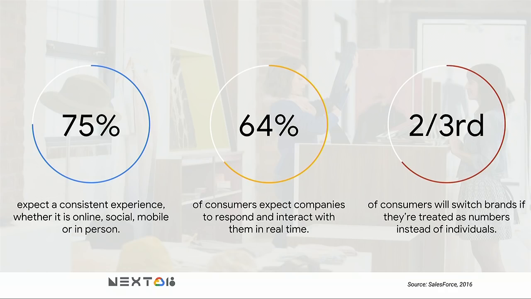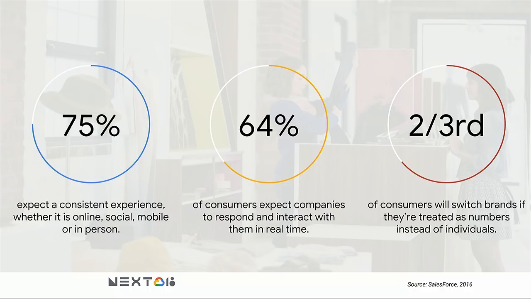At the same time, this is a study that was done very recently. 75% of customers out there expect a consistent experience in terms of dealing with the institutions, right? Whether it's mobile, whether it's online, whether it's going in to the brick and mortar location or a banking center.